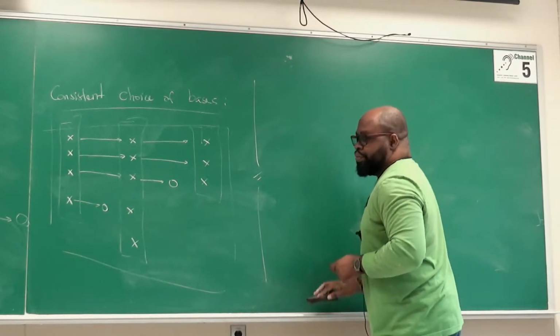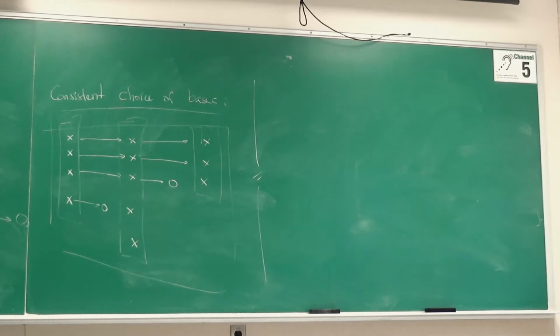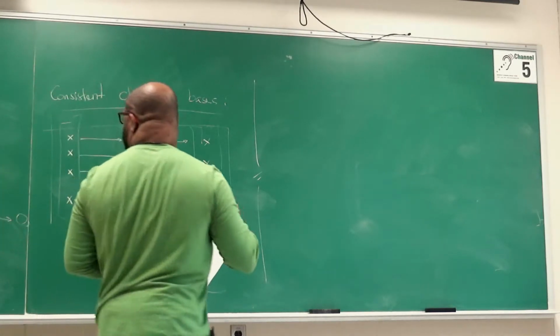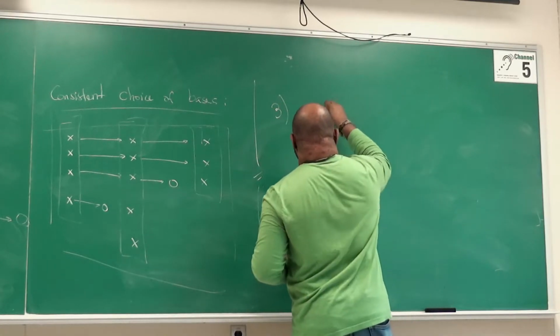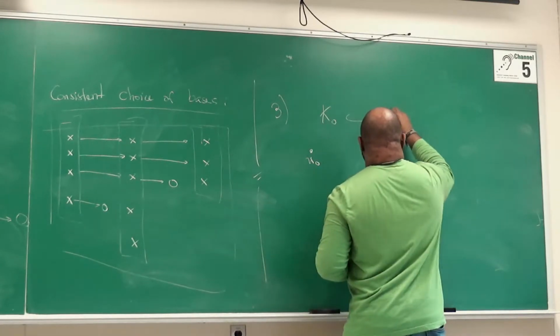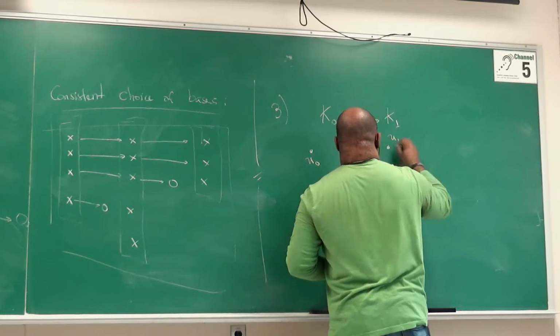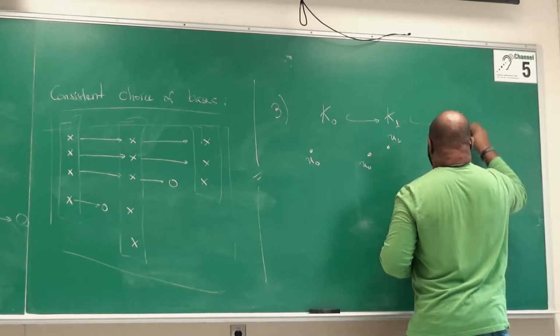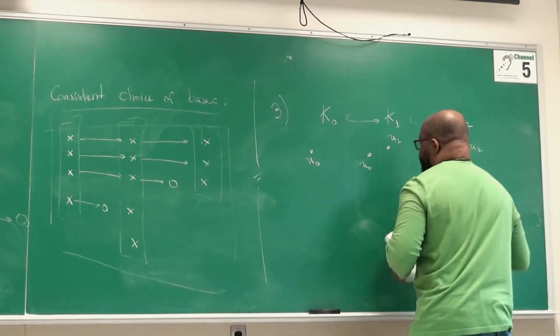Let's do another example. Which one should we do? Let's do dimension 0. So this is going to be a little bit simpler. K0 is just going to be U0. I'm going to include that into K1, which is U0 and U1, and then I have K2, and I'm going to put the edge.